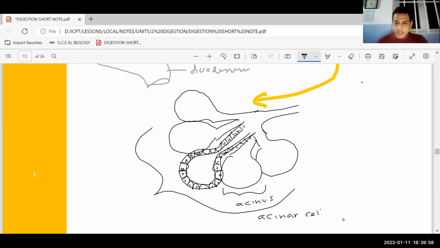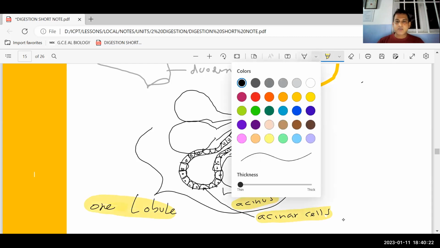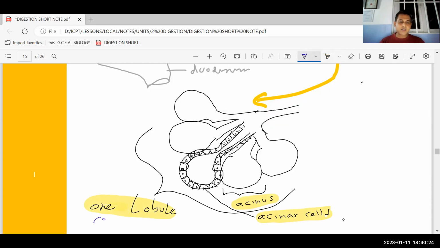So acinar cells, this is acinar cells, and this part is called a lobule. One lobule. So an acinus is the collection of cells. These are acinar cells, and then one lobule. One lobule is a collection of acini.